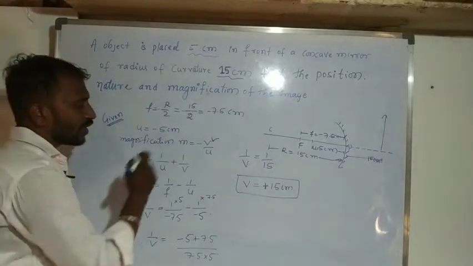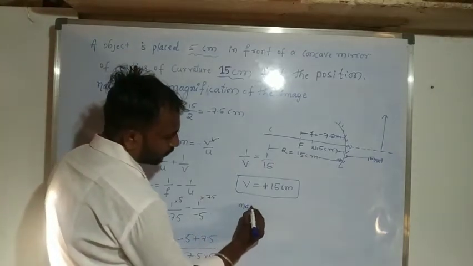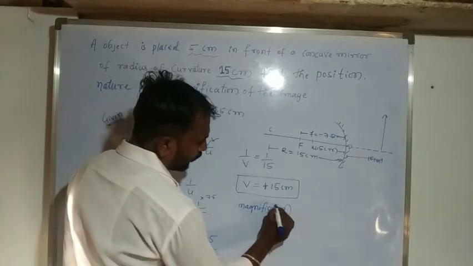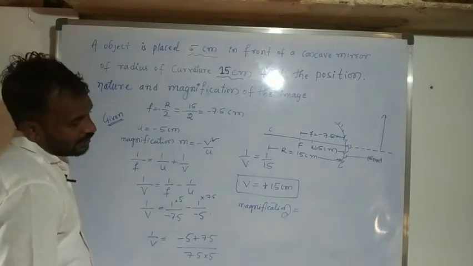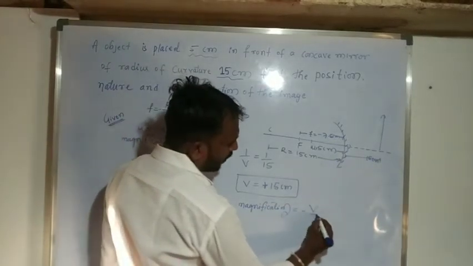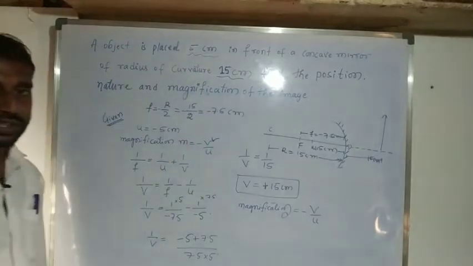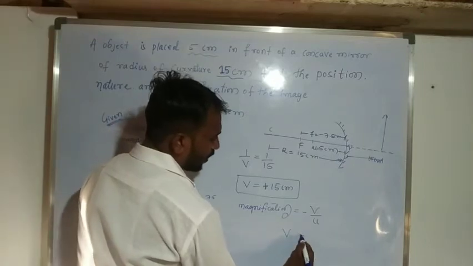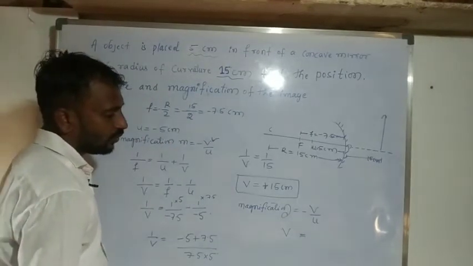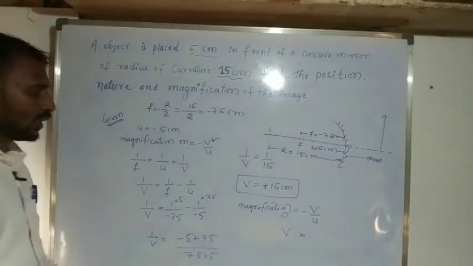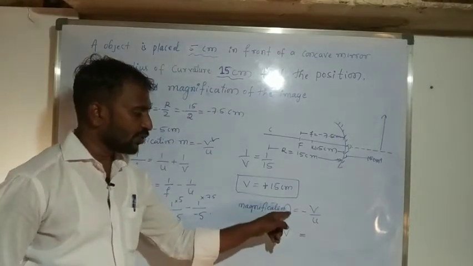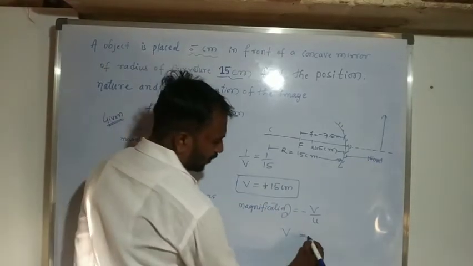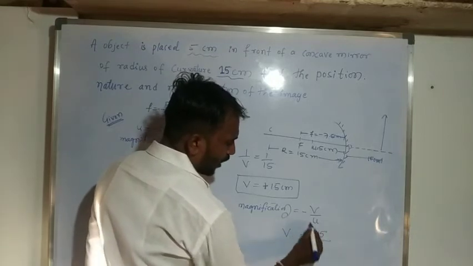Next one, magnification value. Magnification M is equal to minus V divided by U. Okay, so V is equal to 15, minus as it is.